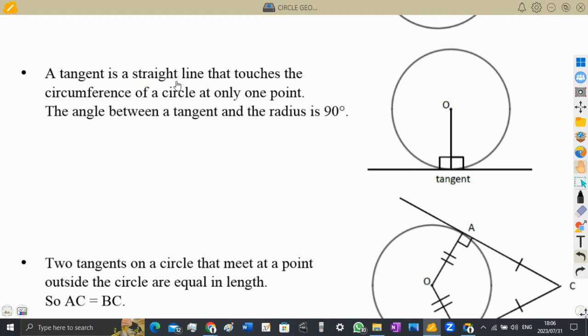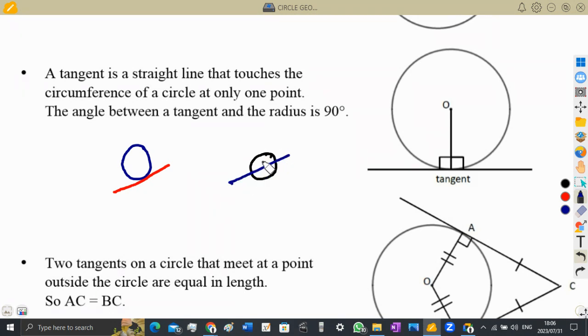A tangent is simply a straight line that touches the circumference of a circle. If a circle is drawn like this, then a tangent is simply a straight line that is going to touch the circumference of a circle. That is what we call a tangent. It is not going to pass through the circle. If we are given a circle like this, then we've got a line like this.